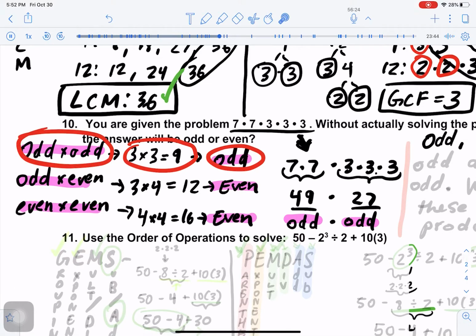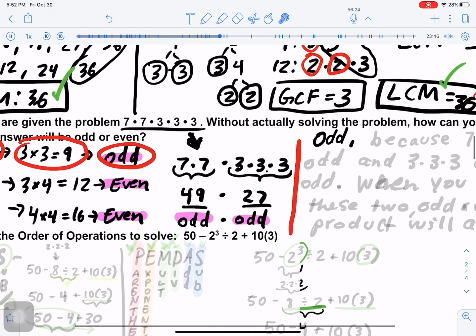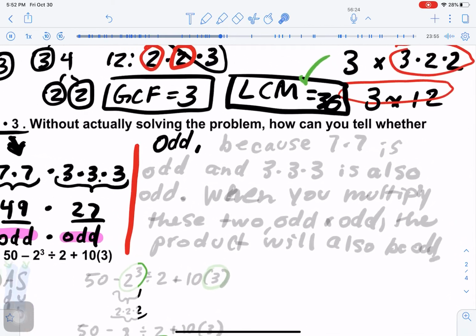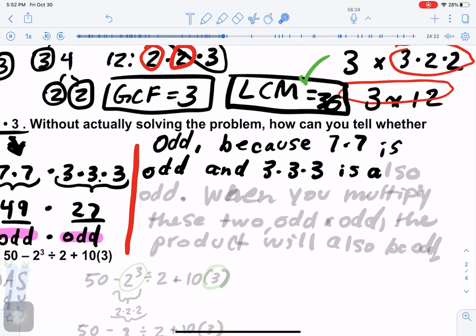Now that I've done this work, I can go ahead and try to explain it. I'm going to explain this by saying that the answer will be odd because 7 times 7 is odd, and 3 times 3 times 3 is also odd.